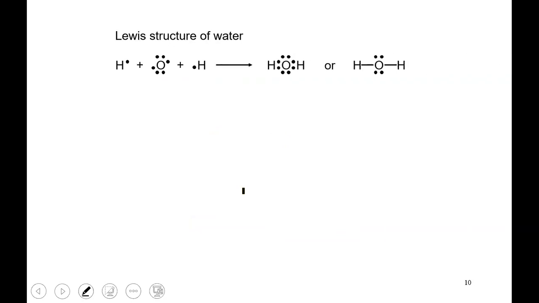Notice that in this structure, the oxygen and the hydrogens are each sharing a pair of electrons. So we're going to represent those as single lines. And now let's look at the counting of electrons around each one of these. The oxygen now has an octet around it.